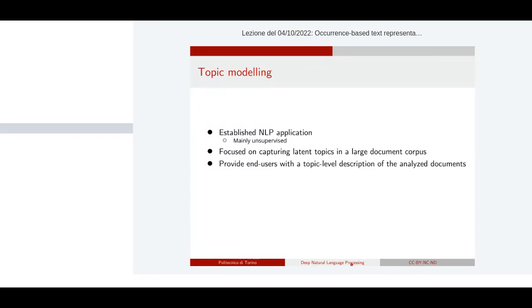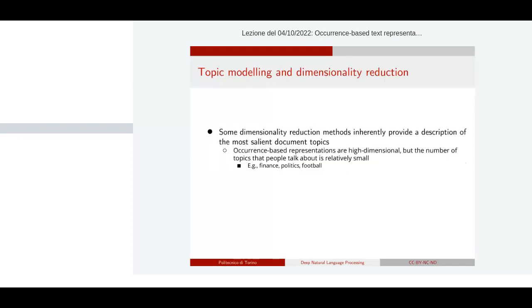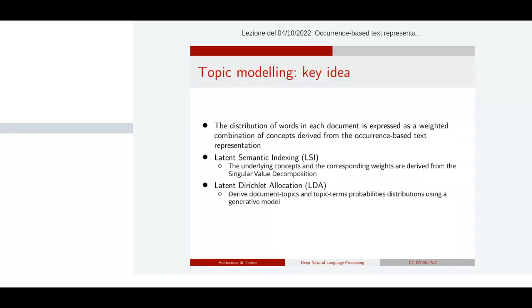What LSA and LDA do is provide a word level description of the documents, which is not simply a frequency-based model, but something more complex, more elaborated. The former, LSA, is based on a matrix factorization approach called singular value decomposition. The latter is based on a probabilistic generative model.